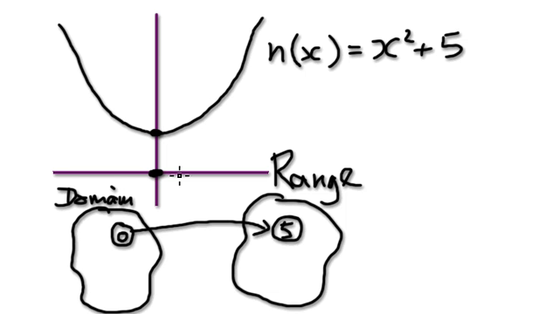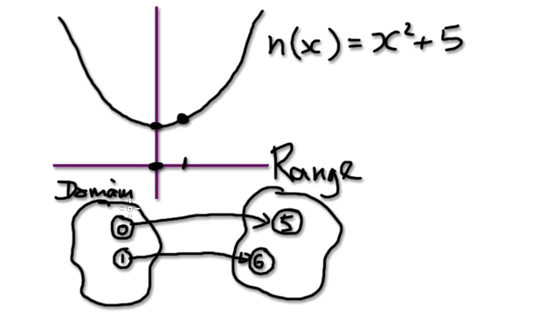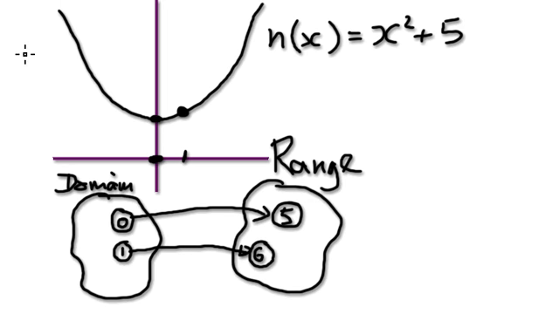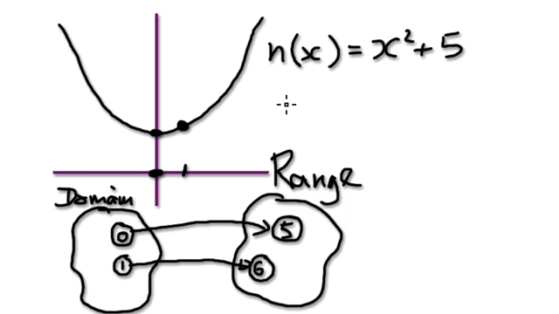And then let's say when x is 1, suppose you have the number 1 in here, when you put 1 into this thing, it will be 6. So this bit here is 6, so it gets mapped to the number 6 over here. This is just another way of visualizing a function.